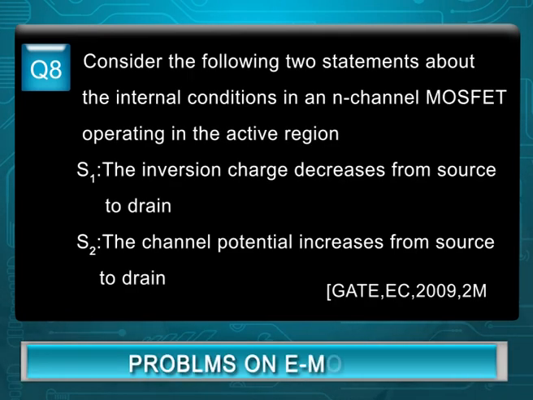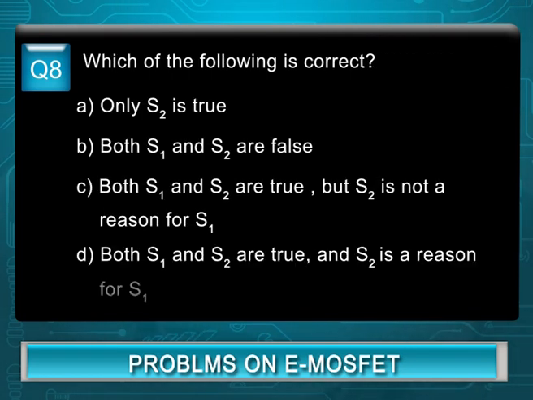Next, problem number 8. Consider the following two statements about the internal conditions in an N-channel MOSFET operating in the active region. Statement 1: The inversion charge decreases from source to drain. Statement 2: The channel potential increases from source to drain. Which of the following is correct?